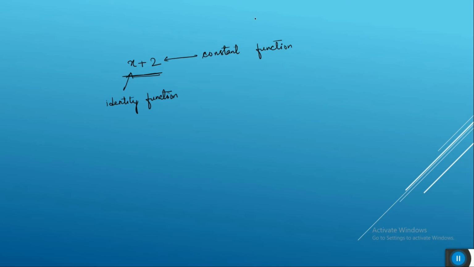This part is for class 12, class 11 can also hear it. So tell me whether the identity function is continuous or not. Yes, it is continuous at any point. And the constant function, whether it is continuous or not, we just saw that the constant function is continuous at any point.